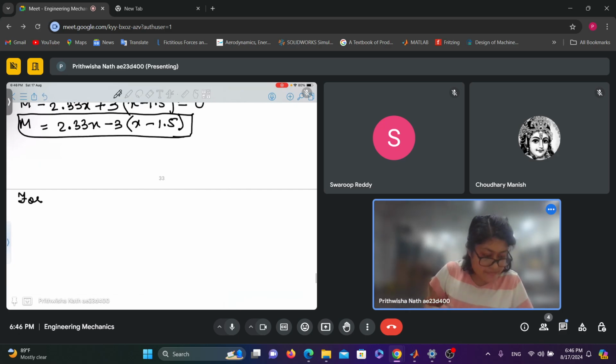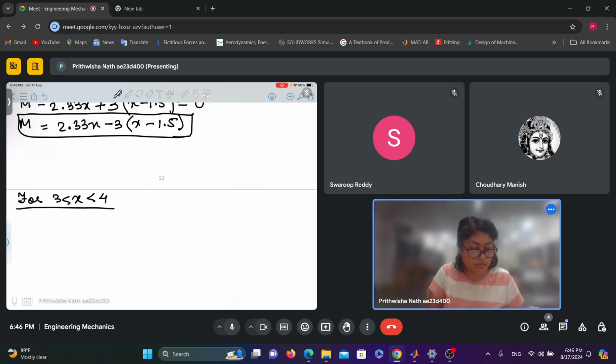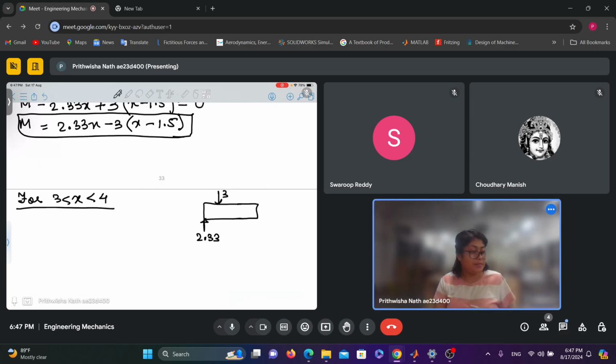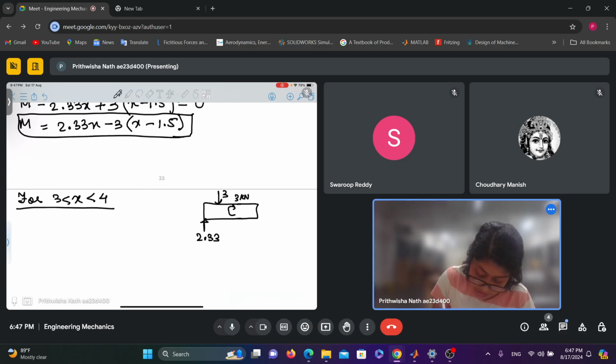For x from 3 to 4, a clockwise moment is acting, which is 3 kilonewton meter.